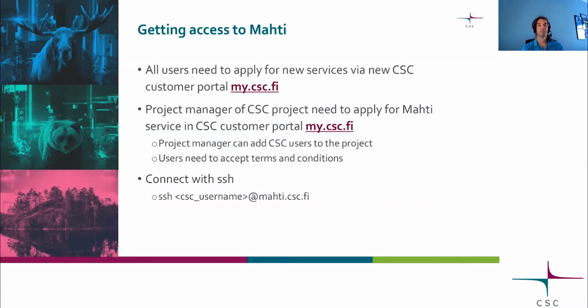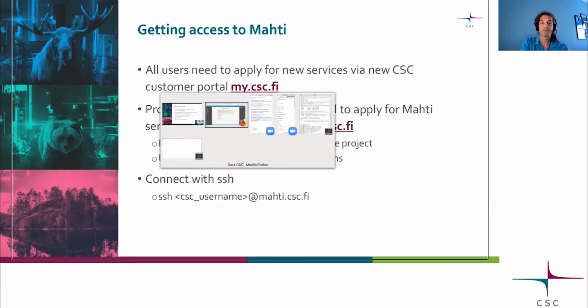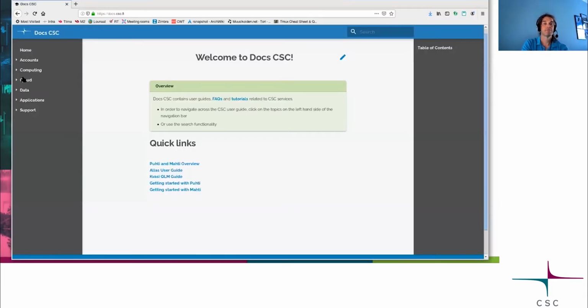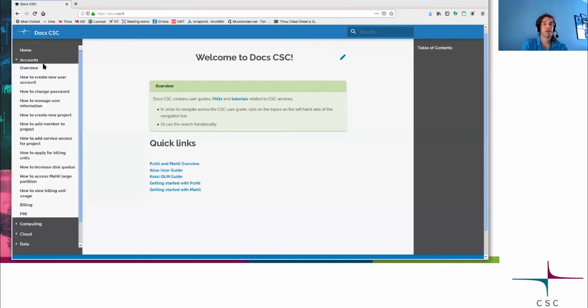If there is no CSC project yet, the project manager can apply for a new project, add users, etc. And there is relatively good and straightforward documentation under accounts on how to create a user account, how to create a new project, how to add members to the project and add services to the project.